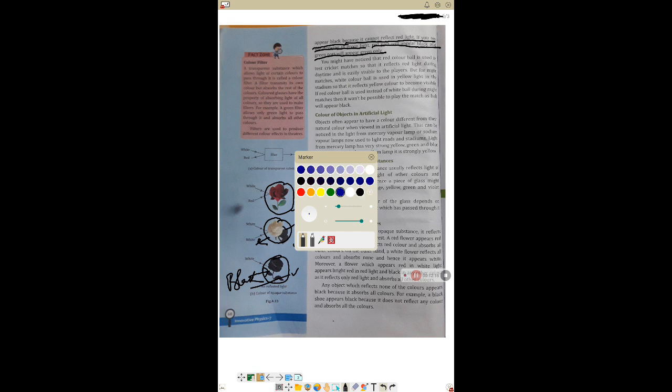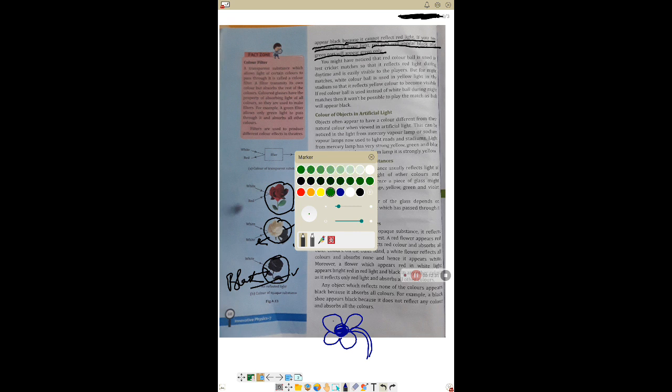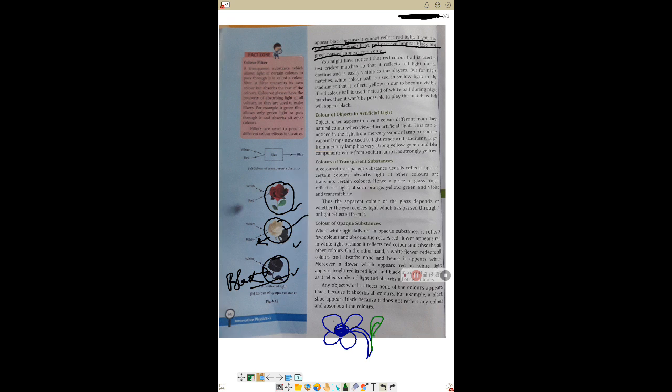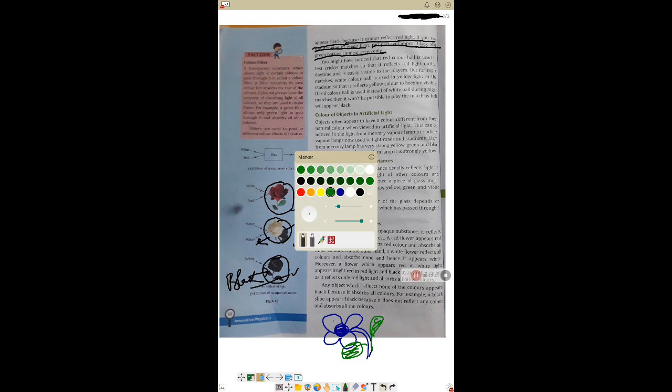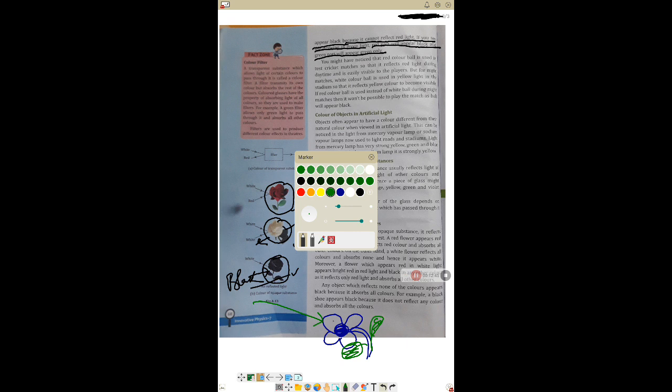have, okay, I make a flower here. So you see that this flower is blue in color. So I have a flower which is blue in color. Now I make its leaves here. Okay, the color of the leaf is green here, isn't it? So now if I allow the white light to fall on it, so I'm allowing which light?